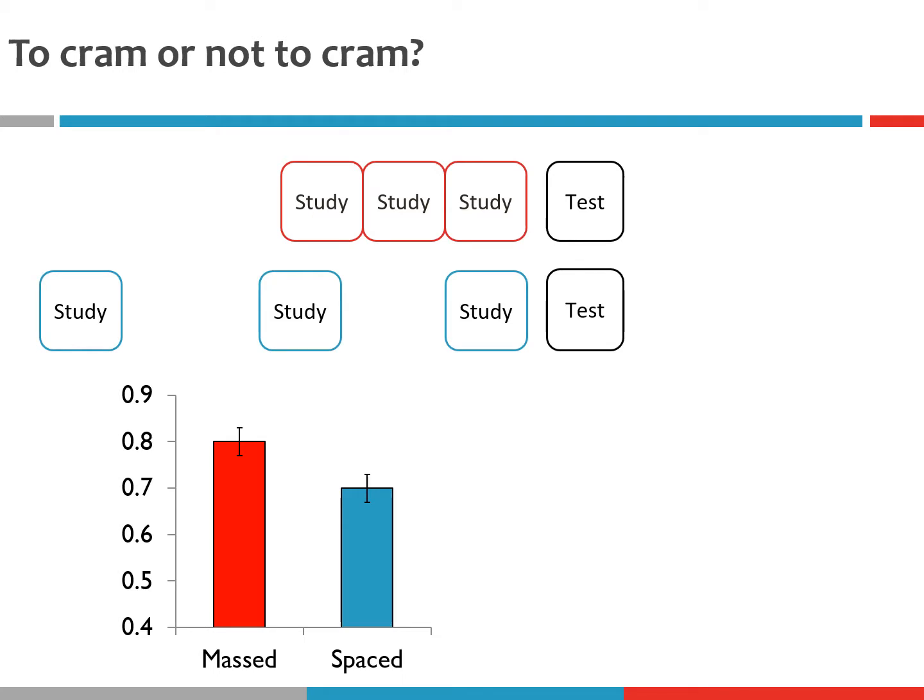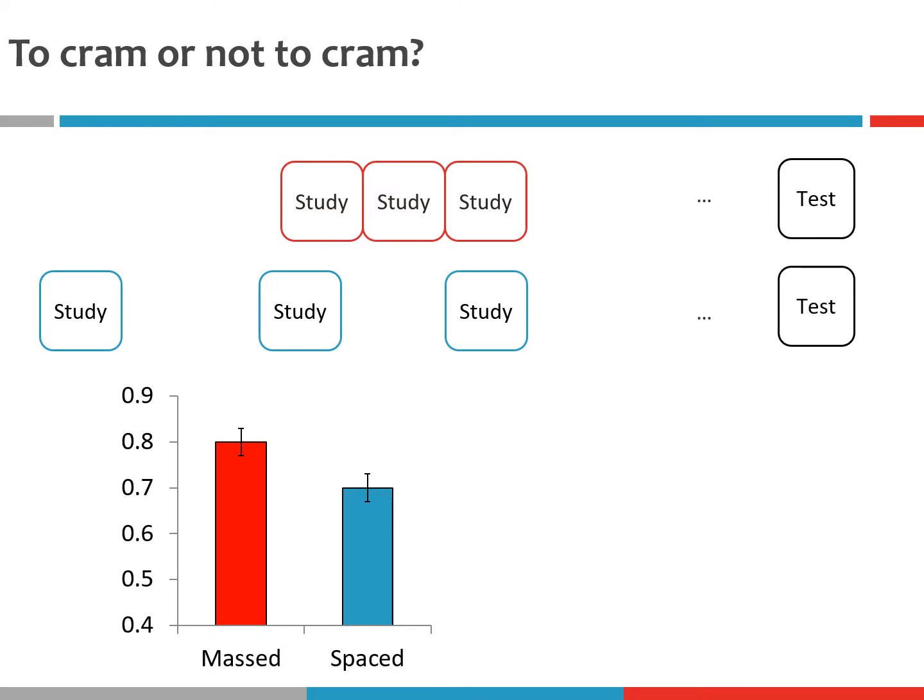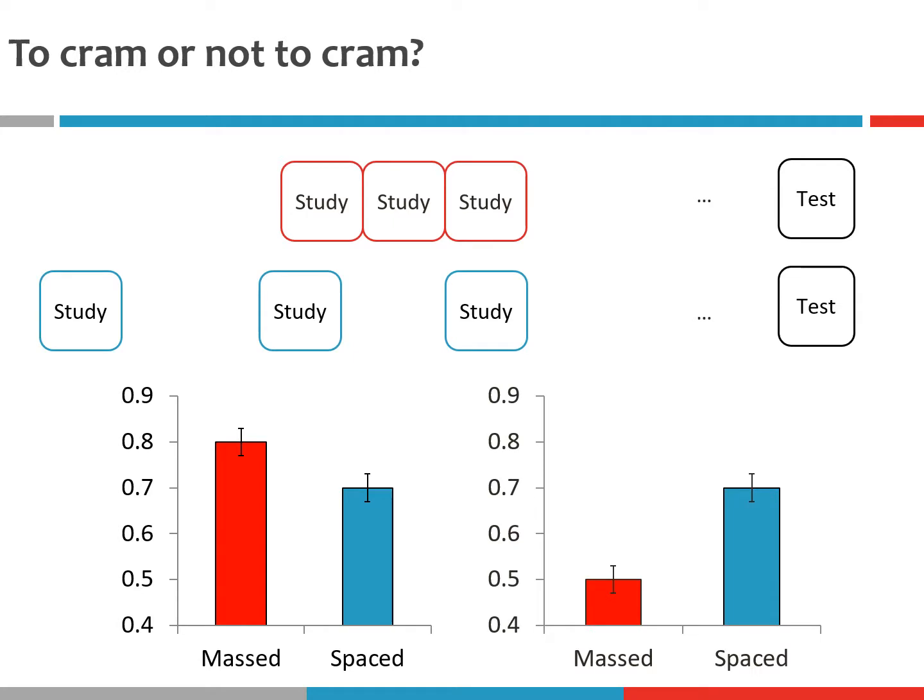So you're going to be able to recall about 80% of those 30 idea units from that sea otter passage, whereas the people who had their study sessions spaced out in time are going to be at about 70, right? But if we now compare performance 1 week later, we again see the inverse, right?